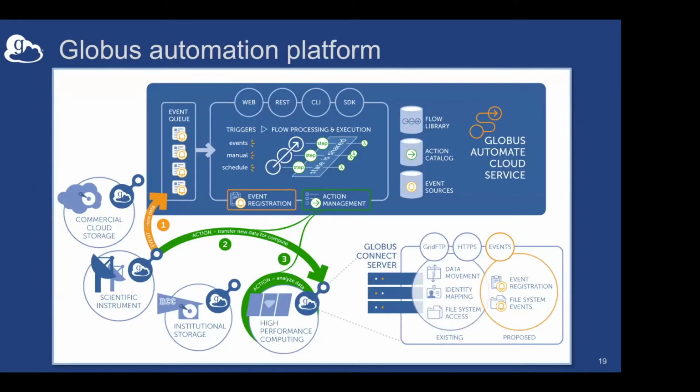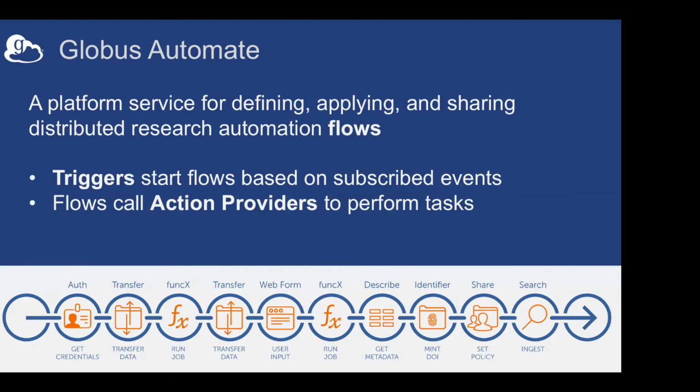This is our current focus for development, and what we envisage and what we're building is a system that can automate data management across diverse systems and instruments, and allow for human intervention when required, but do it in a way that's highly scalable, with, again, the appropriate levels of security and access control that apply to all of the other Globus platform services. We're calling this Globus Automate.